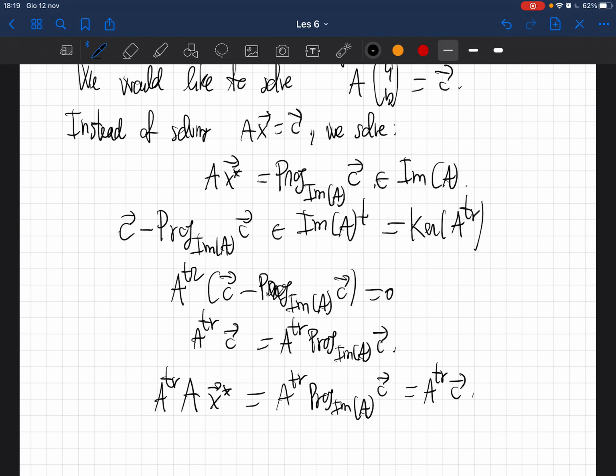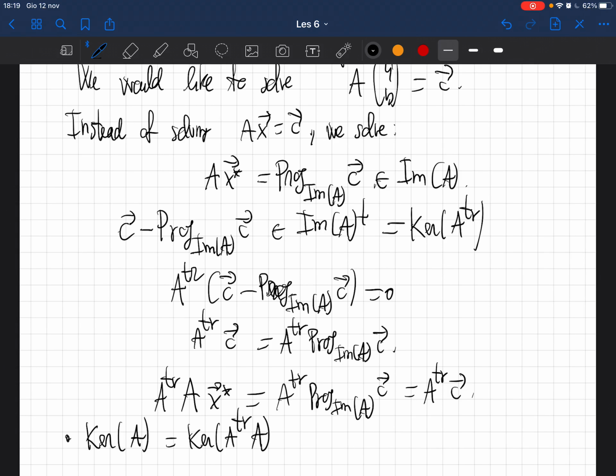And in nice situations, there is a result which says that the kernel of A is equal to the kernel of this product.